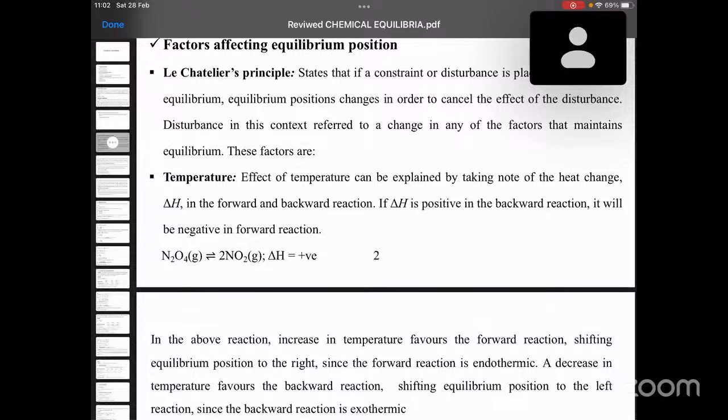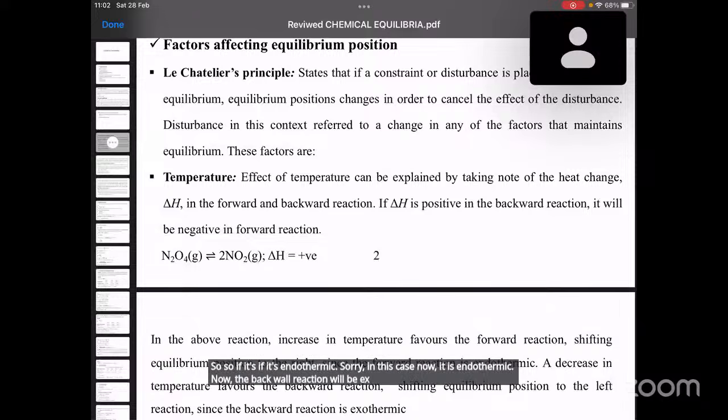In this case it is endothermic. Now the backward reaction will be exothermic. But what do I mean by backward reaction? It means if you write it as 2NO2 to give you N2O4, that would be exothermic. Because the forward is endothermic, the backward, 2NO2 to give you N2O4, would be exothermic.